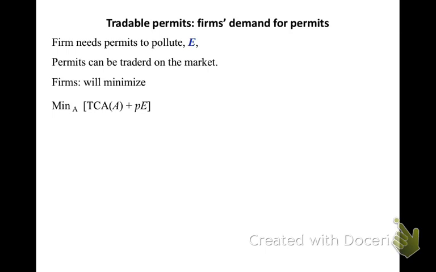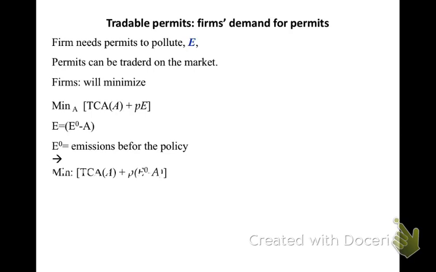As you can see, this is exactly the same as taxation. In this case, rather than H, we have P. But the model is exactly the same. What is the final level of emissions? It is E0, the initial level, minus the abatement. So we can substitute and get the objective function that the firm minimizes: the total cost of abatement plus the cost of buying the permits, from which we get, from the first order condition, that marginal abatement cost is equal to price.